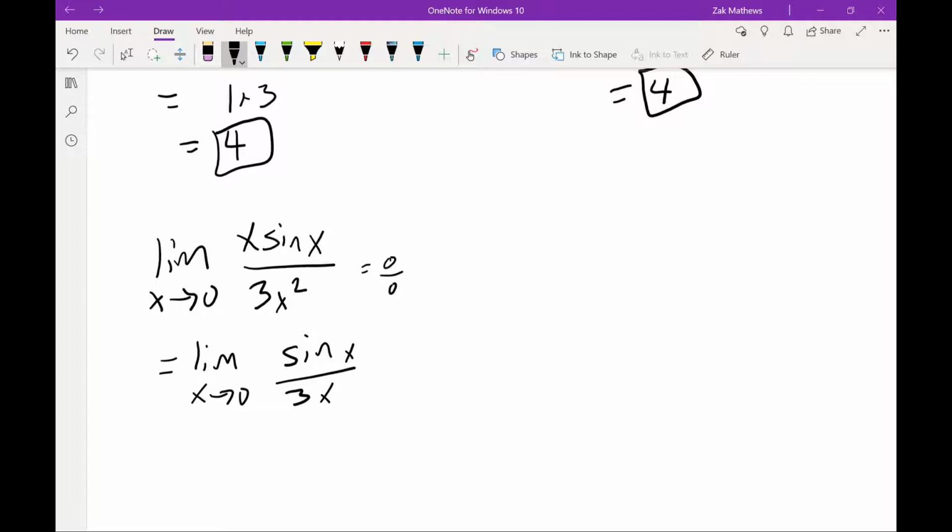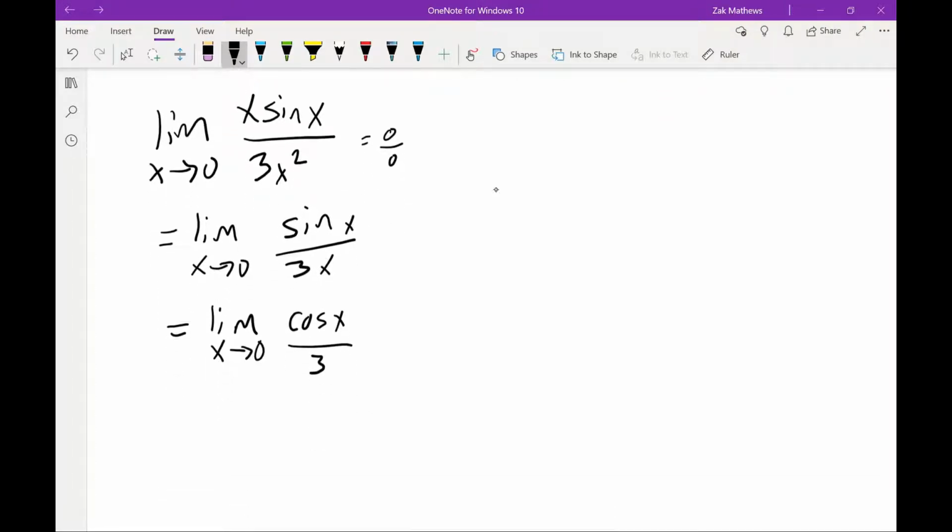We're just applying something new to it, or we're adding in a new idea as well. So now, if we wanted to apply L'Hopital's rule, we could have the limit as x goes to 0 of cosine x over 3. And now at this point, we can plug in that 0, and we're going to get 1 over 3, and that will be our limit.